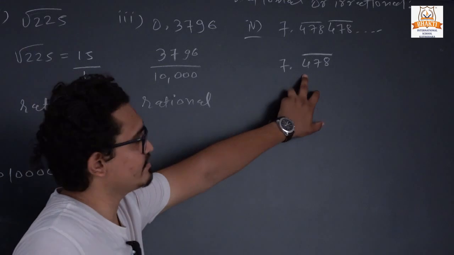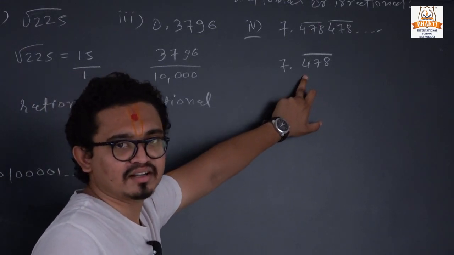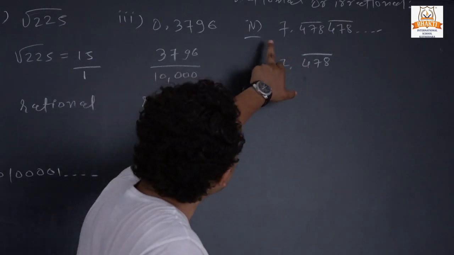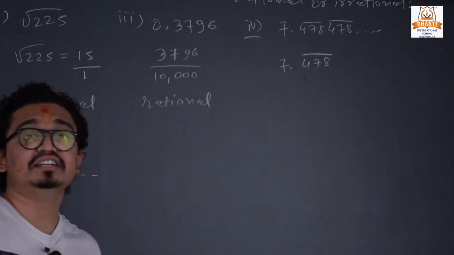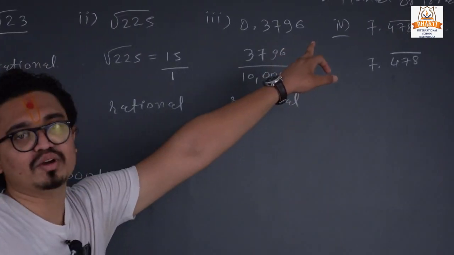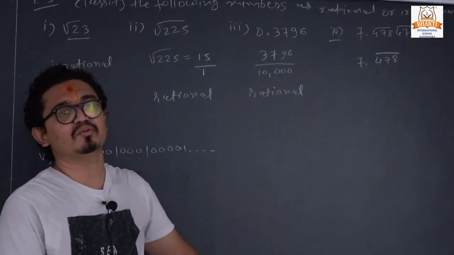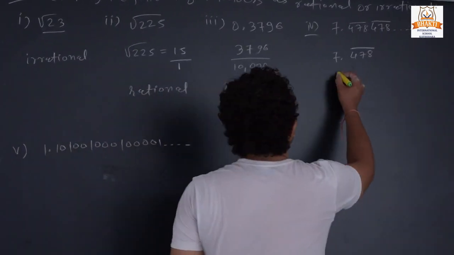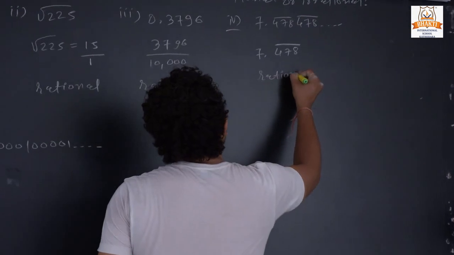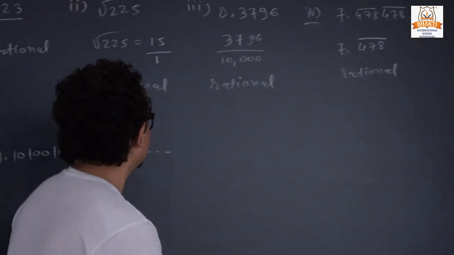If digits are repeating, we can convert that number into a rational number. We can do the same as in question number 2 and 3. We can convert that repeating number into P upon Q form. So that is also which kind of number? Rational number, because these are recurring digits.